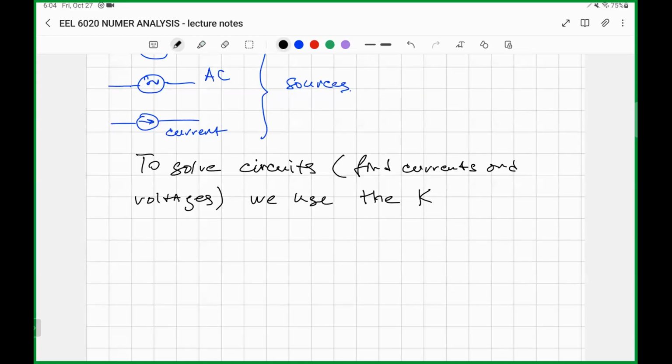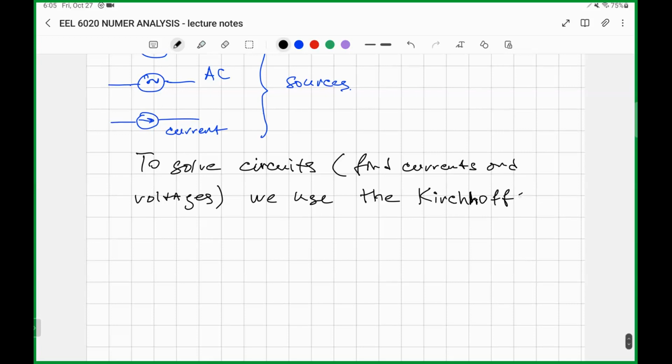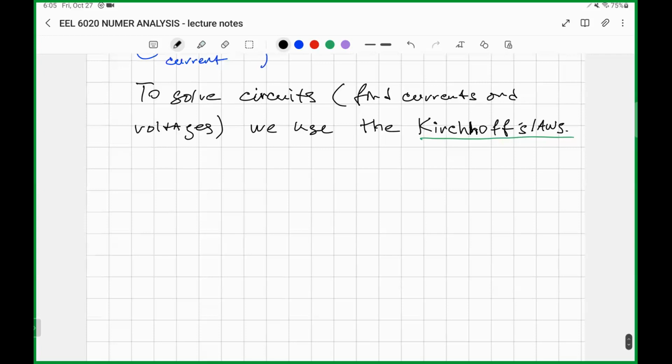There are two Kirchhoff's circuit laws. So complicated name. Kirchhoff's laws. Okay. So there are two Kirchhoff's laws for circuits.